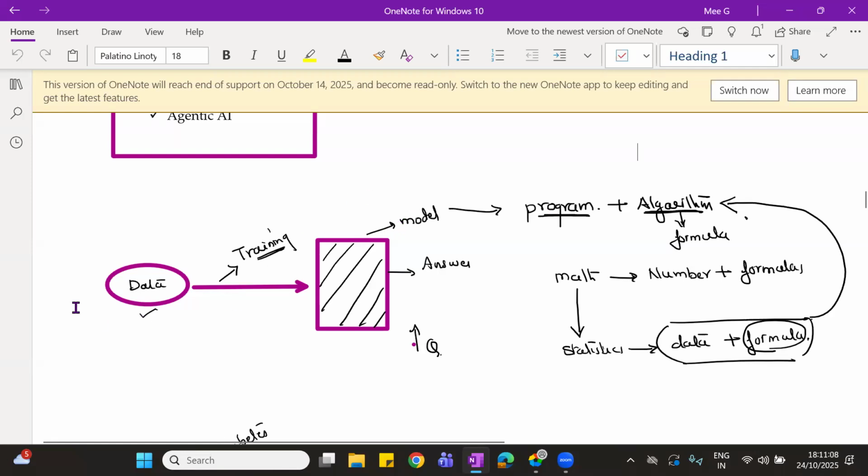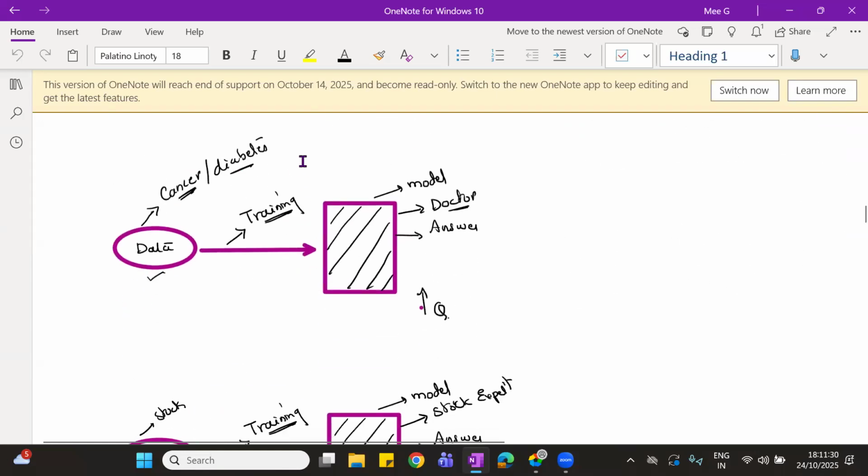Now, the beauty of the model is that when you give it the data, it will go through the data and extract the insights of the data. It will extract the insights and become intelligent. Now, when we ask questions about this data, it will start giving you the answers. If you take this data as cancer data, it acts like a doctor.